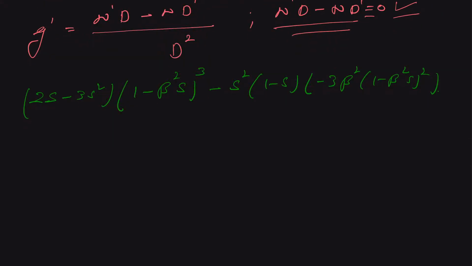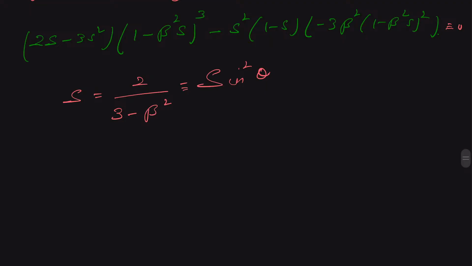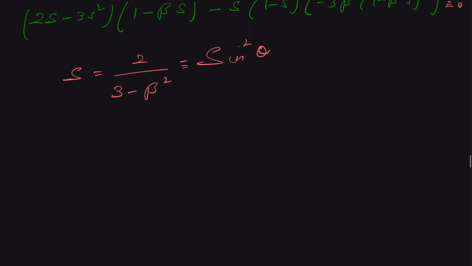Therefore the value of s will be equal to 2 over (3 minus beta squared), and we know that s is nothing but sine squared theta. Therefore, for maximization, sine squared theta max is equal to 2 upon (3 minus beta squared).